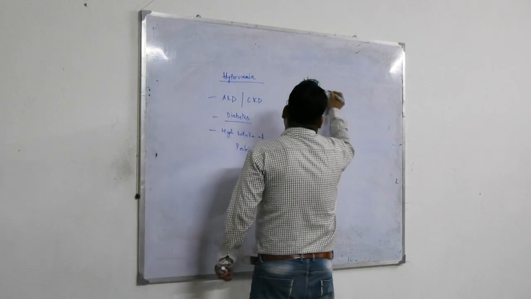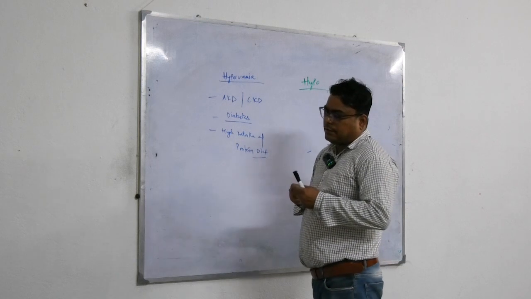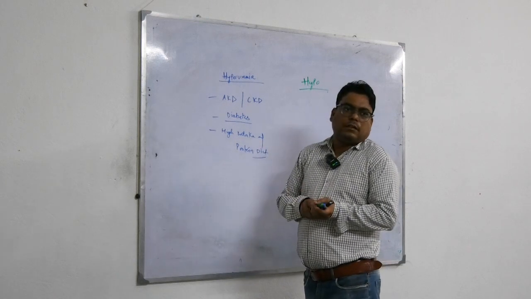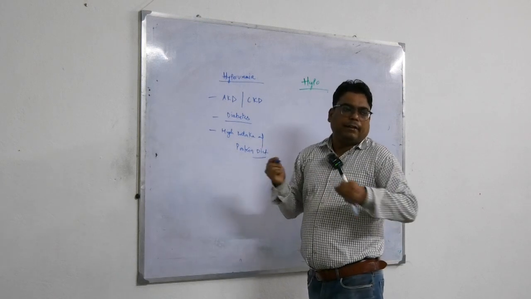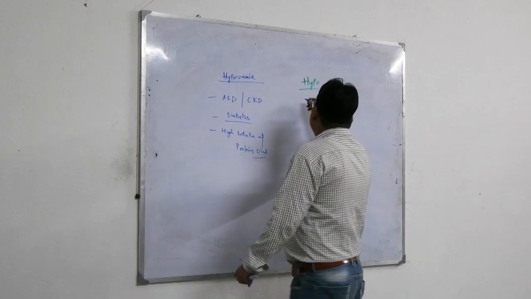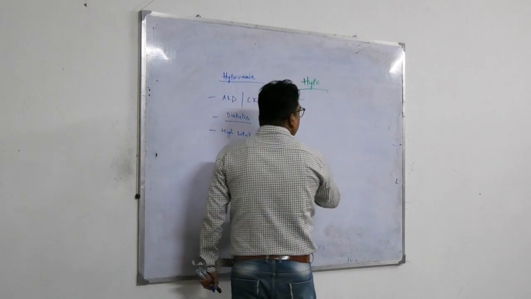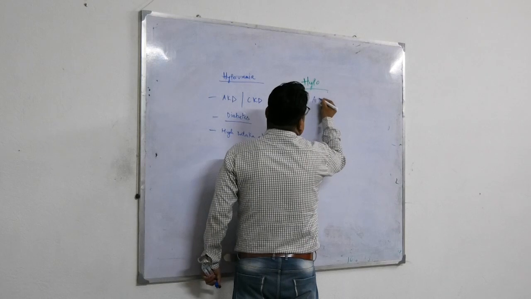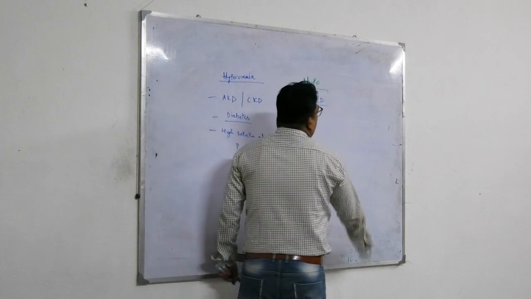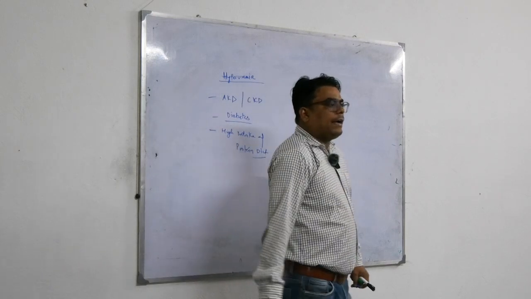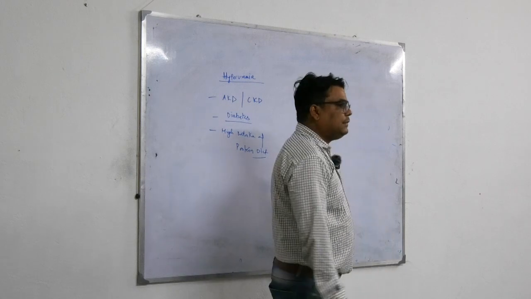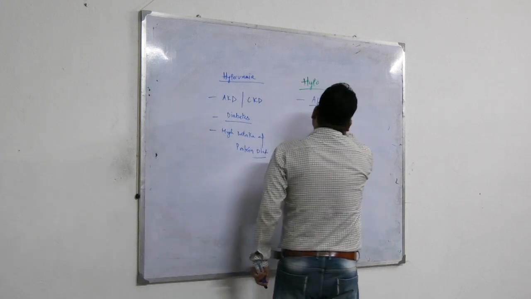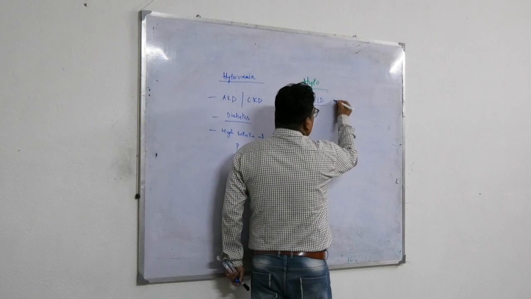Now hypouremia. Where is the urea synthesized? In the liver. So in the case of ALD, which stands for acute liver disease, the urea level will come down.